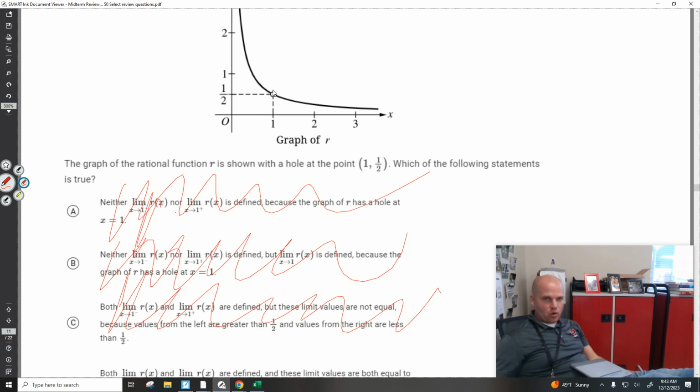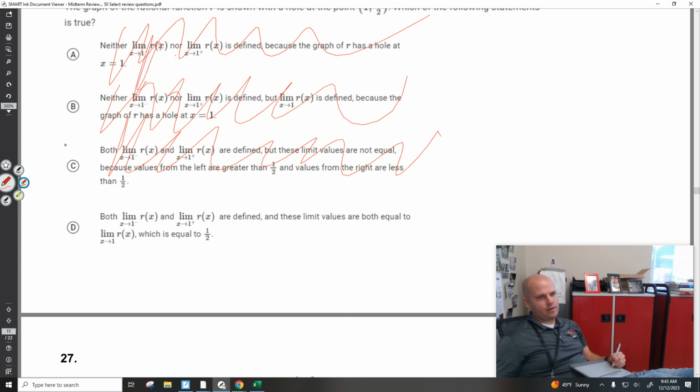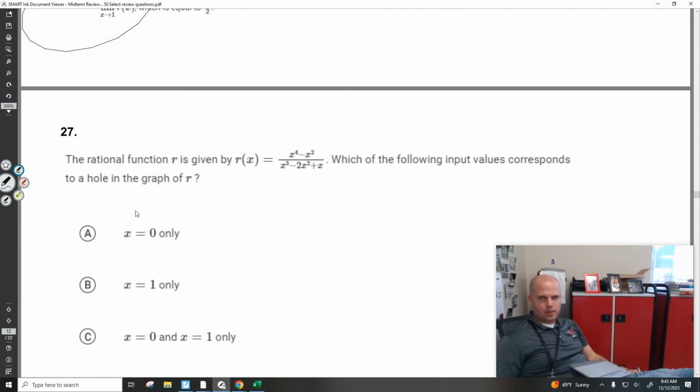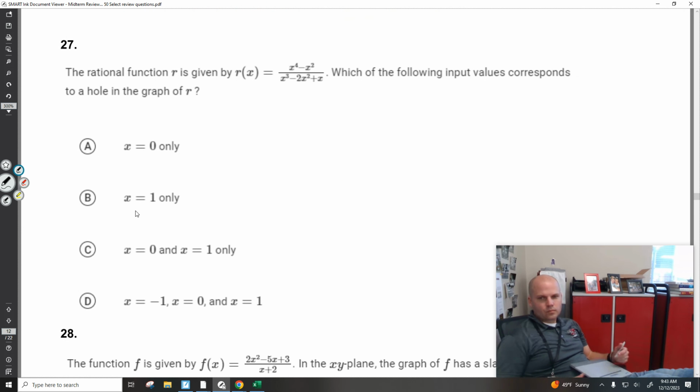To the left of 1, I'm getting something close to a half. To the right of 1, I'm getting something close to a half. As I get closer and closer to 1, my y values get closer and closer to a half. Definition of a limit. Holes, 0 over 0, but same multiplicity.